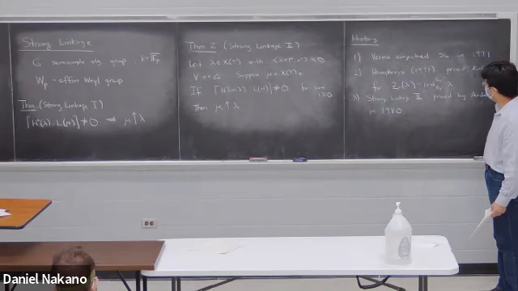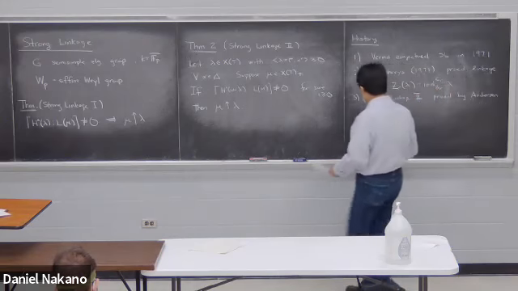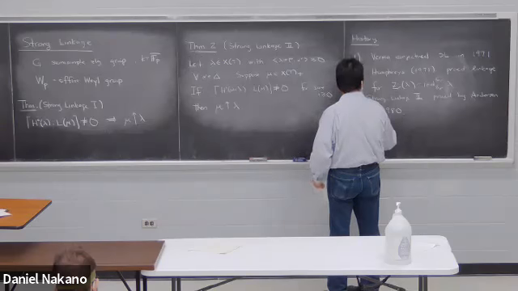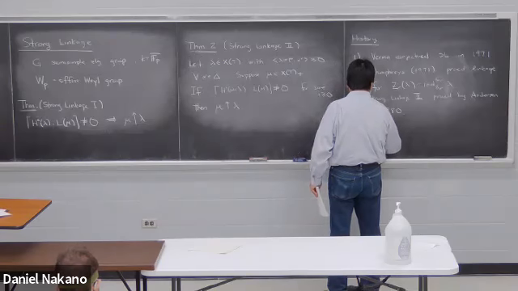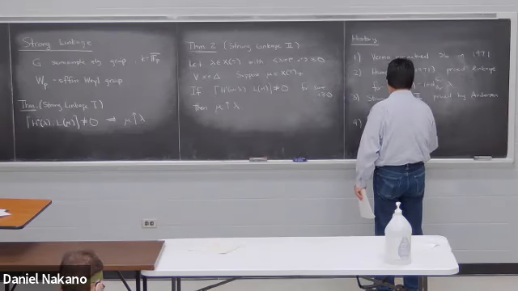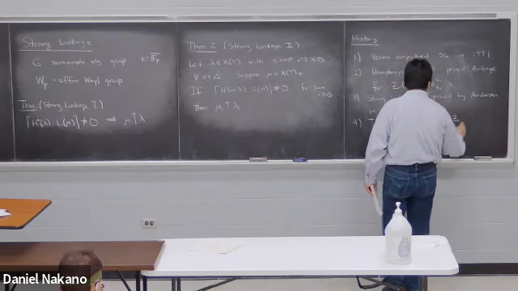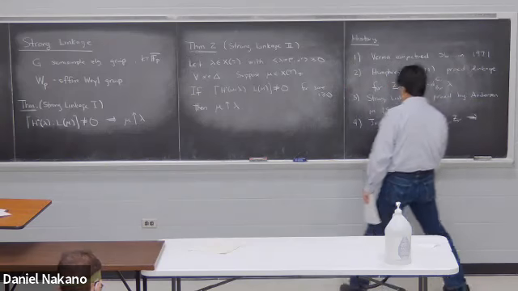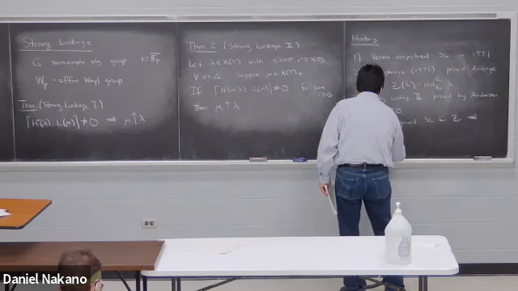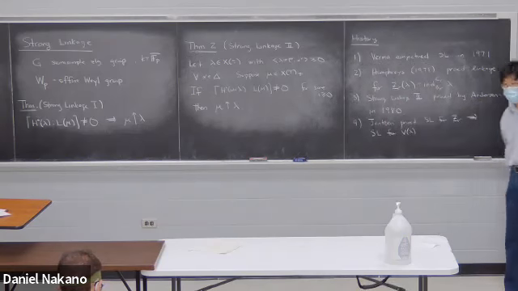So Jantzen actually proved that if you have strong linkage for the induced modules, it implies strong linkage for the Z_r's. So Jantzen proved strong linkage for the Z_r's implies strong linkage for the Weyl modules, or equivalently the induced modules.